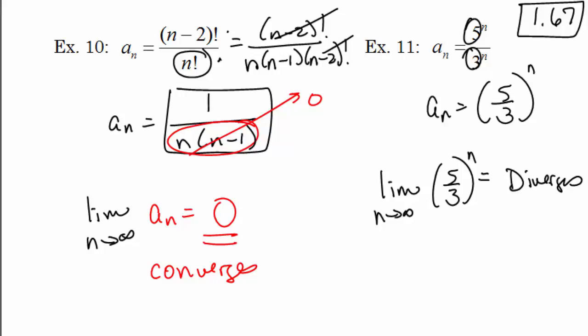Pi is about 3.14. Again, this is an approximation. That's less than 1. So when you have something smaller than 1 being raised to a power, the limit as n approaches infinity is going to equal 0. So we would say it converges.